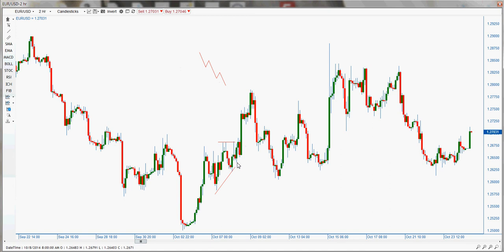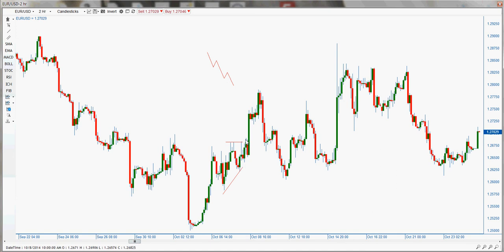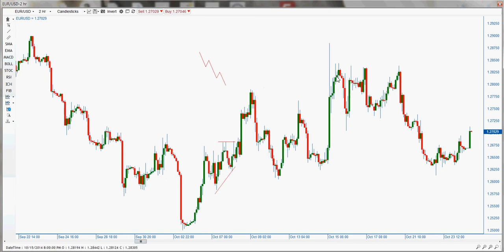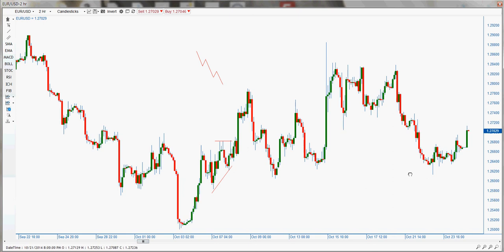Just like here, starting from here, 1, 2, 3, 4, 5. That's an impulse wave. So from this top to this bottom, is that an impulse wave? It is not an impulse wave. This looks like a corrective wave to me.